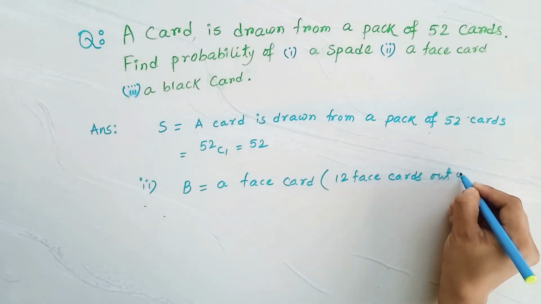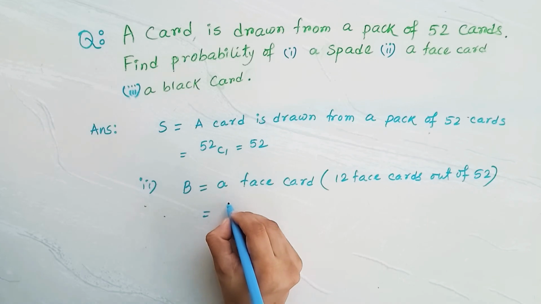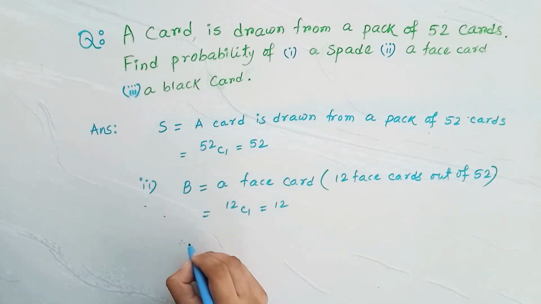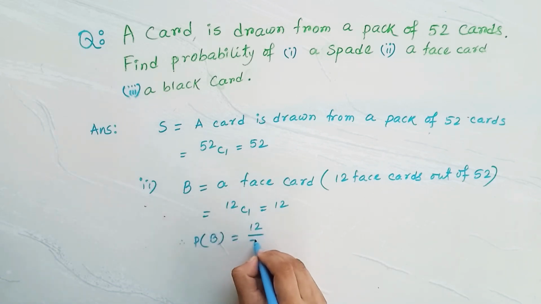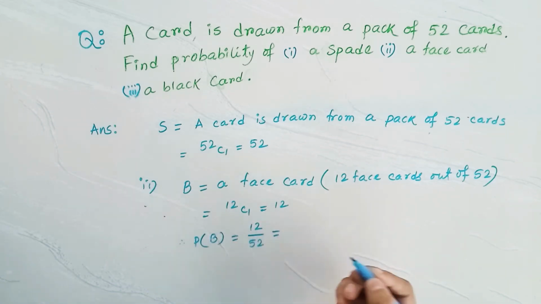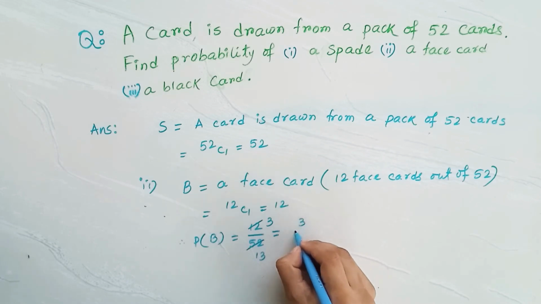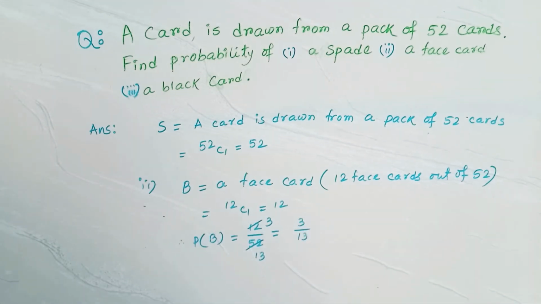So we can select a face card out of 12. 12C1 is 12. Therefore the probability of B is equal to 12 by 52. That means it's 3 by 13. This is the answer.